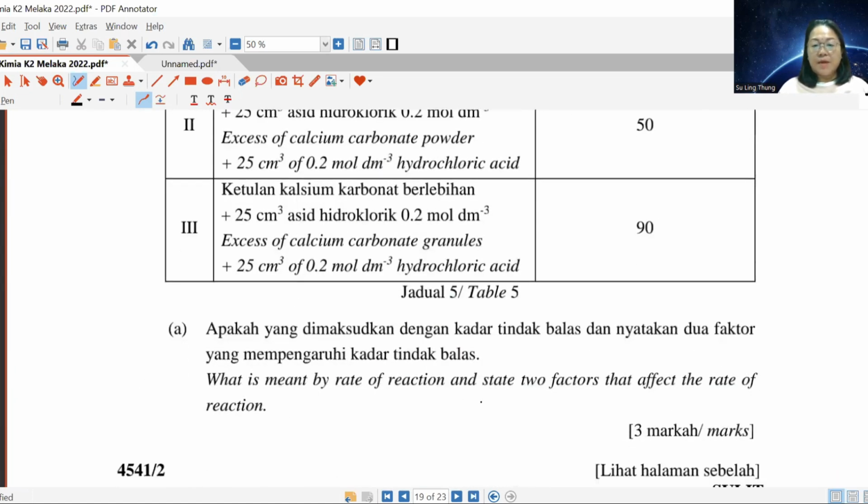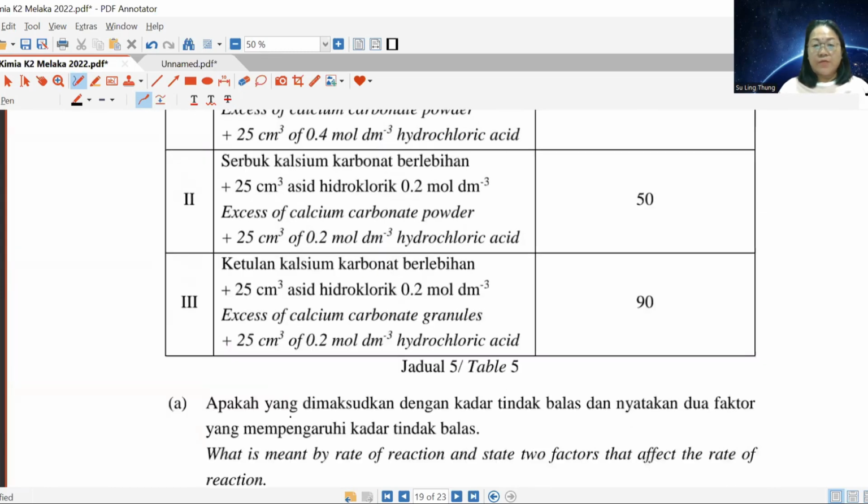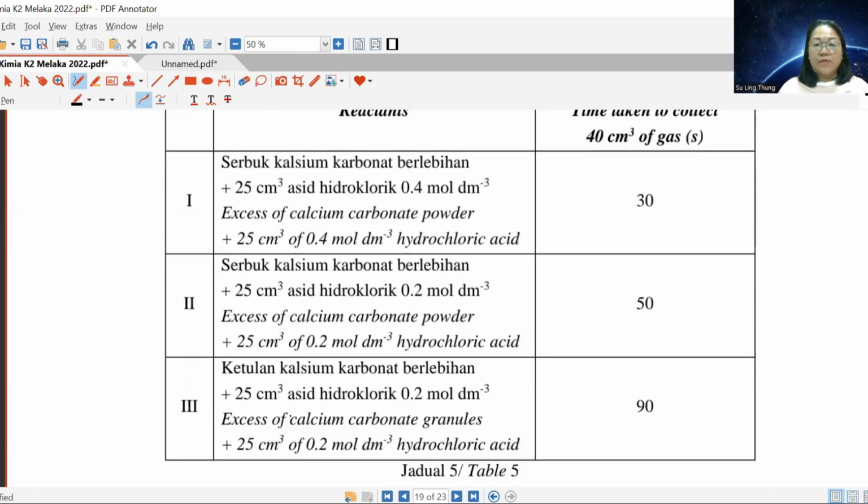A. What is meant by rate of reaction? And state 2 factors that affect the rate of reaction. So basically, when you are given a table like that, not only in hydrocarbon, in salts, but also in rate of reaction, normally we will go for the table first. Okay, so in this case, first, set 1 is normally a control set.